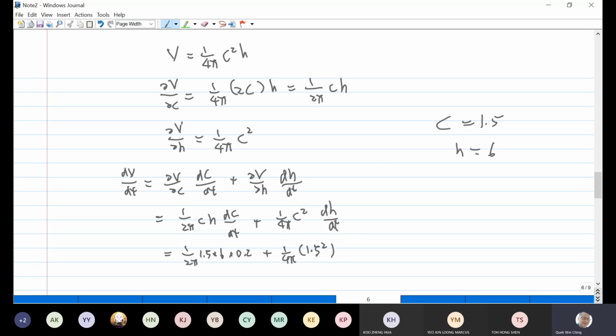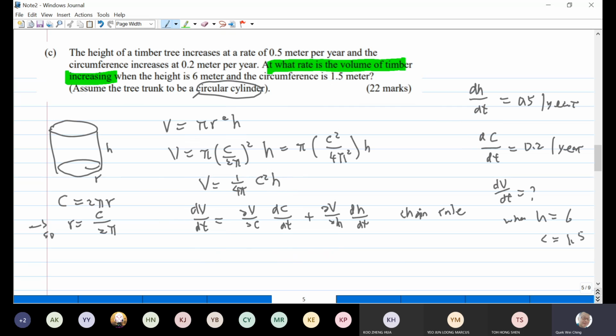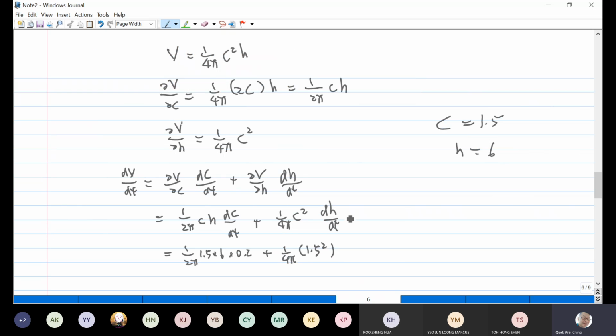The height, in this case, dh/dt is actually what now? 0.5. So you press the calculator and see what it is. Let me check the calculator here.